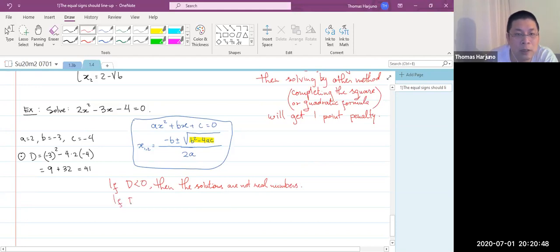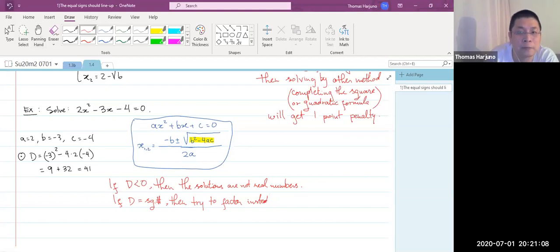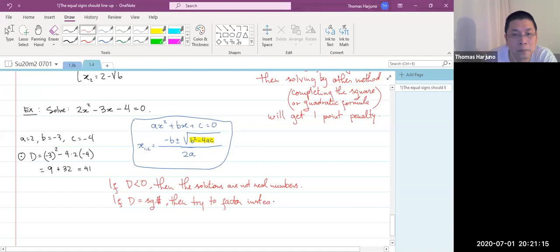If the discriminant is a square number, then you need to stop, then try to factor instead. Only when the discriminant is positive and not a square number do you go on.